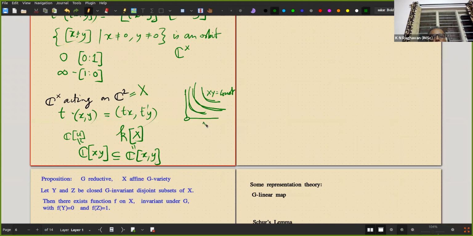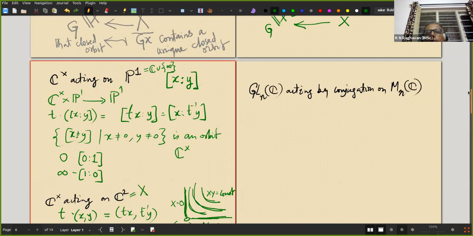Then y equal to 0 is an orbit by itself. X equal to 0 is an orbit by itself. And 0, 0 is an orbit by itself. So the closed orbits are these xy equals constant and this 0. So that is like one value, right? It could be 0 or it could be some non-zero value. That's a good example to keep in mind.